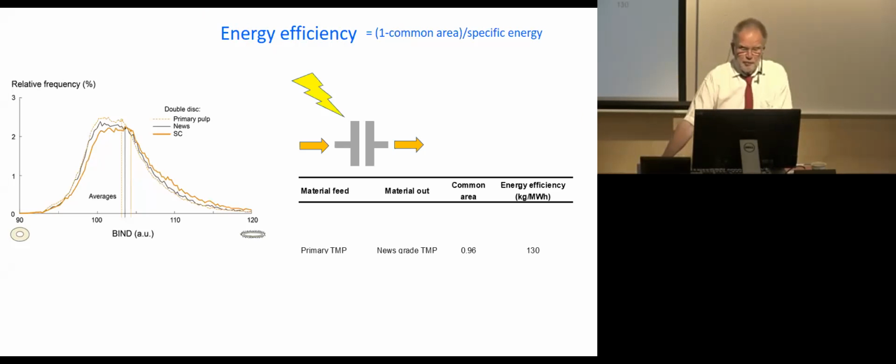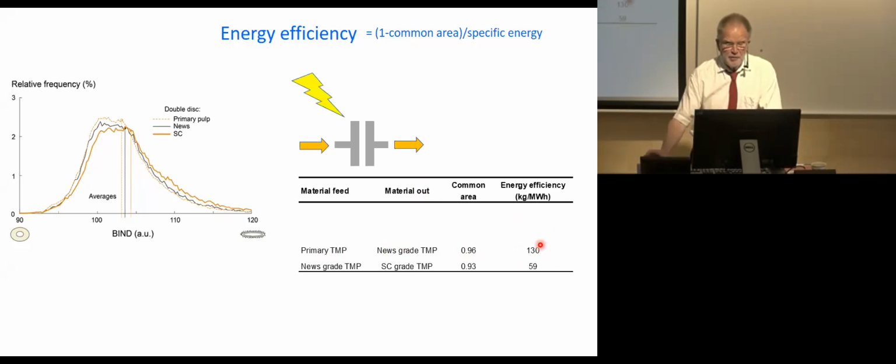So then you can go for the material in feed and material out. Primary stage, so the common area is 0.96, and then you can calculate the value of energy efficiency. You can do the same for the newsgrade TMP going to SC grade TMP. These two graphs have a lower common area. However, there is much more energy added, so it will be a lower energy efficiency.